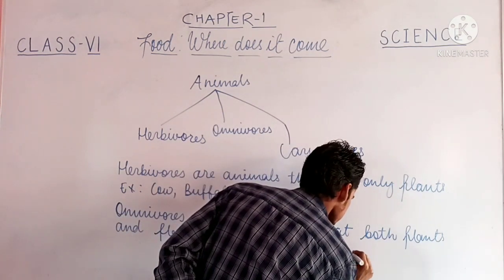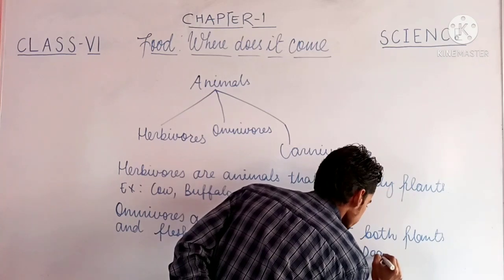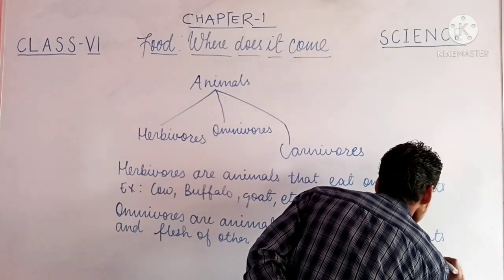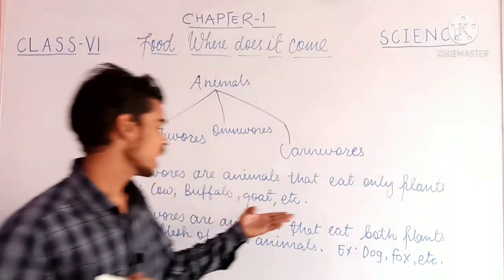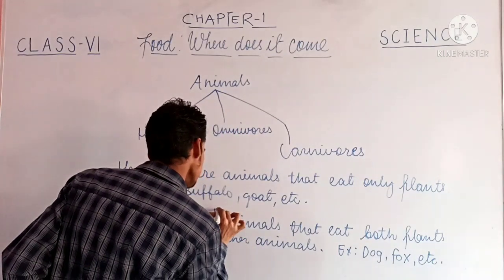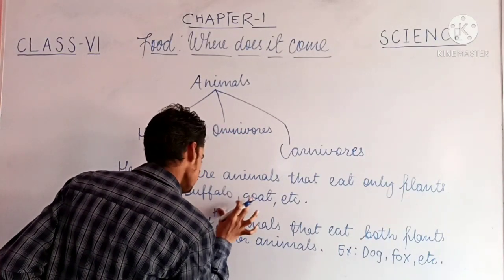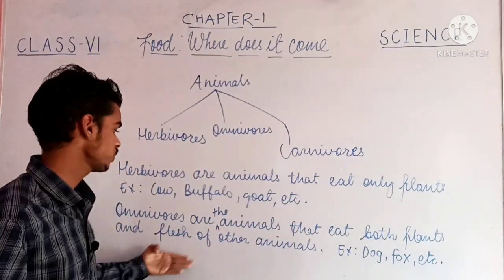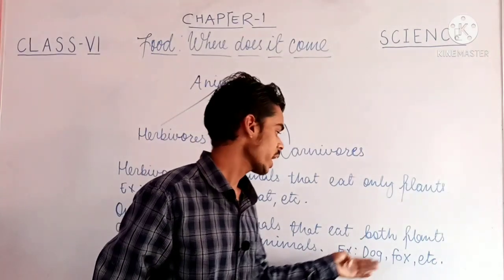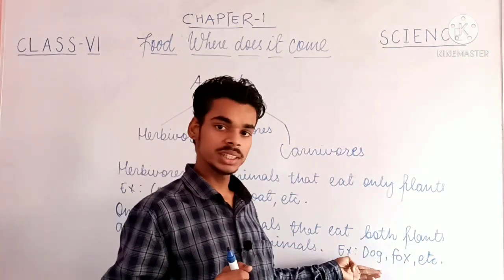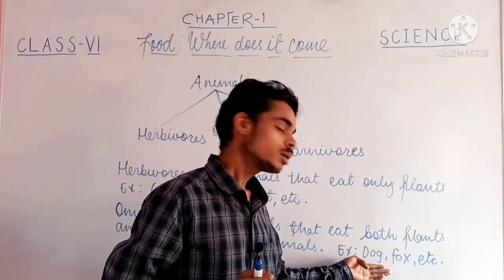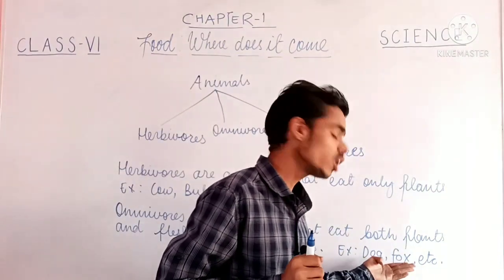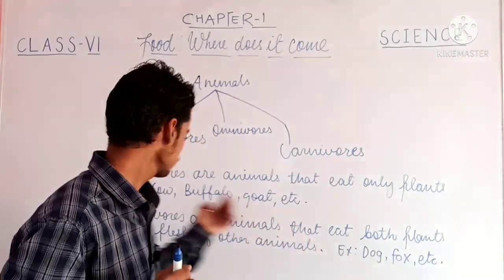Examples: dog, fox, etc. You have seen the dog eating roti, but it can also eat meat. So the dog is an omnivore, and the same goes for the fox. So the fox is also an example of omnivores.